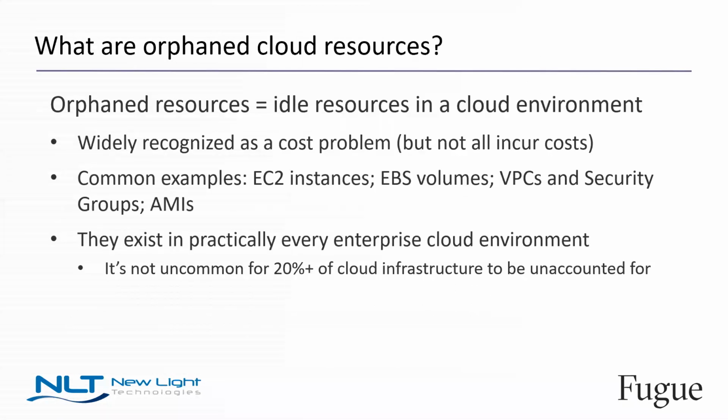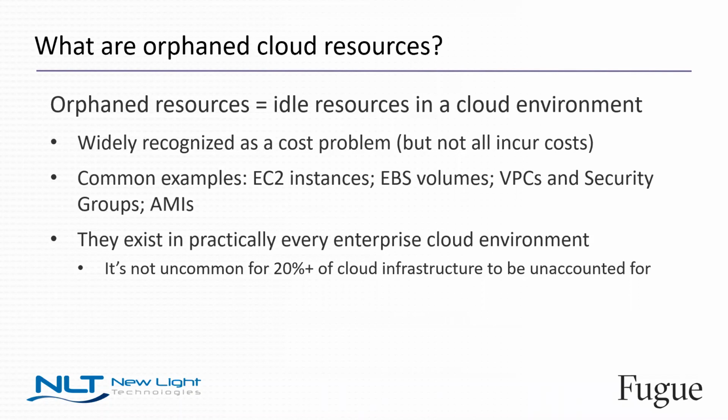So what are orphan cloud resources? They're resources in the cloud, things like EC2 instances or VPC networks, that are kind of idle, hopefully, but particularly that you're not really aware of. So an orphaned resource is something that got built somewhere along the way in your cloud journey that is off the radar.